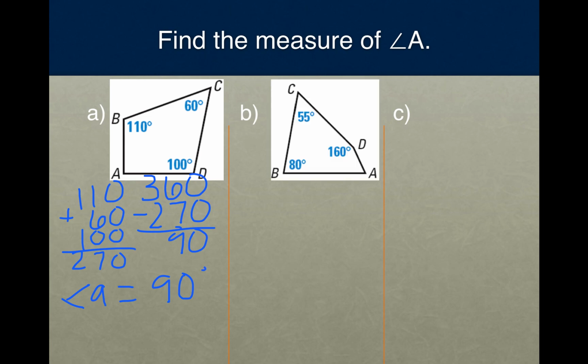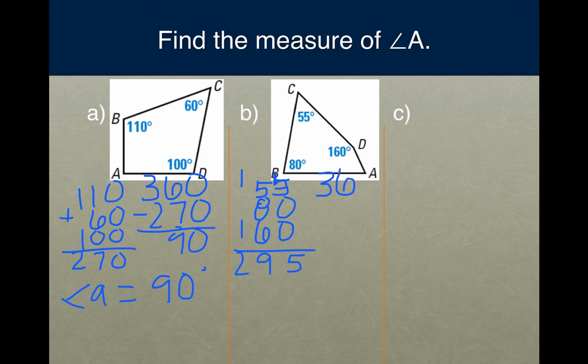Okay, we're going to try another one. Same process, I need to find the measure of angle A. Let's find the sum of my first 3 angles. So 55, whoops, that's a 5 right there, plus 80 plus 160. Let's see, 5 plus 8 plus 6 is 19. Carry the 1. 295 is my angle sum for my first 3.